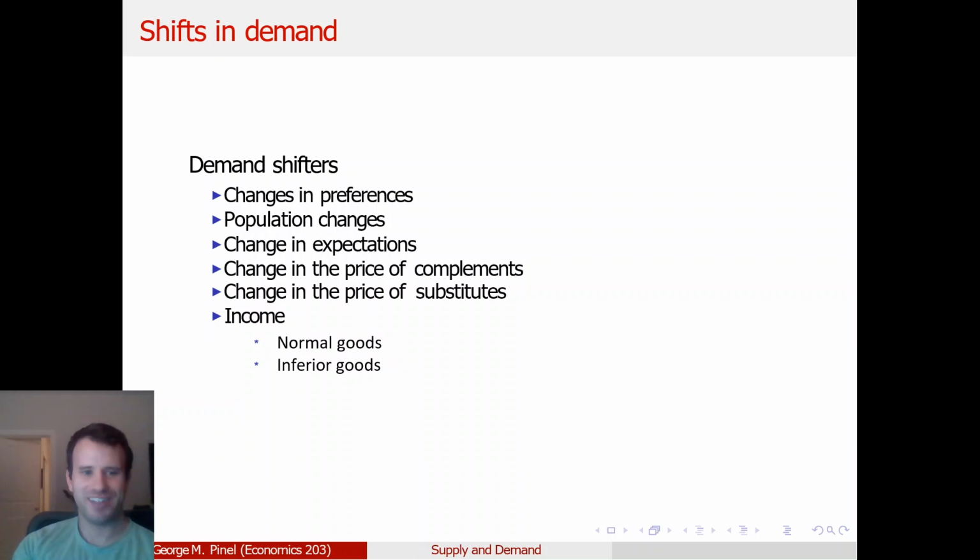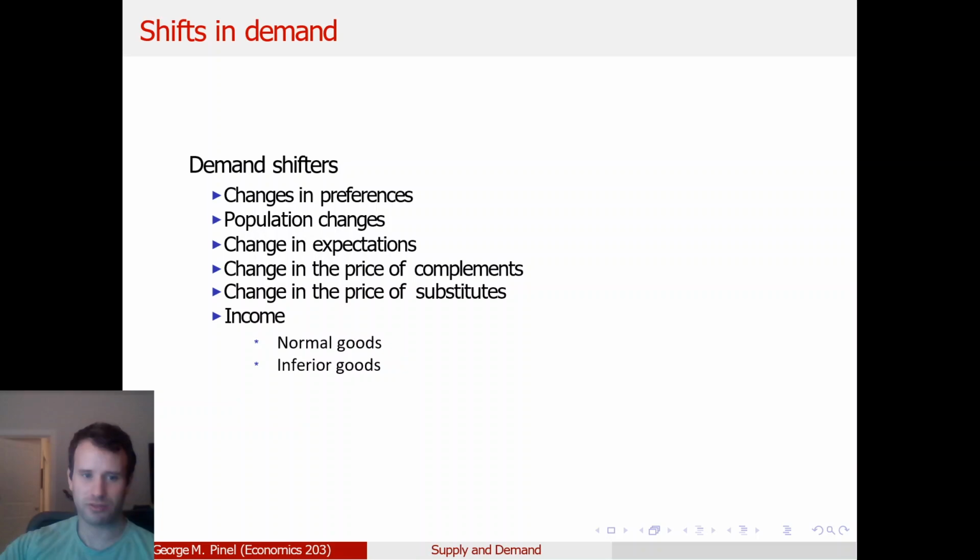So Ubers would be a normal good. As my income increases, I will take more Ubers, and SEPTA would be an inferior good. As my income decreases, I will take more SEPTA. So as my income increases, I will ride SEPTA less, as I substitute to more normal goods.